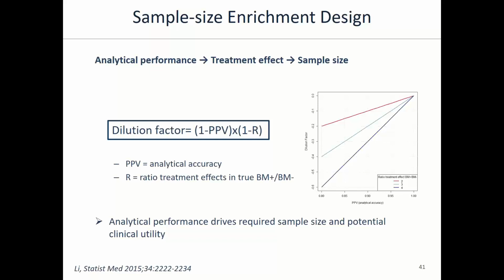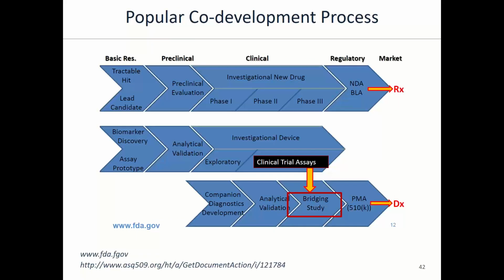This is something you can't influence, of course, but what you can influence is the analytical accuracy of your test. So, just to say that spending an additional few months in the lab to improve the analytical performance of the future companion diagnostic will pay off in the later phases of clinical development, and of course also for the clinical utility in the end.